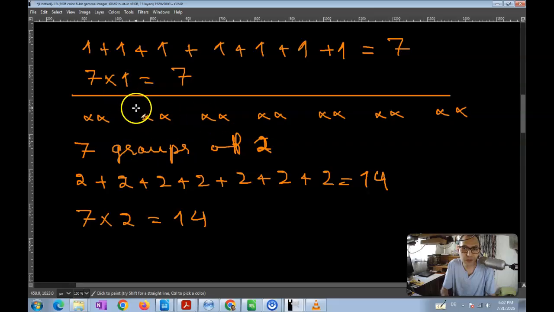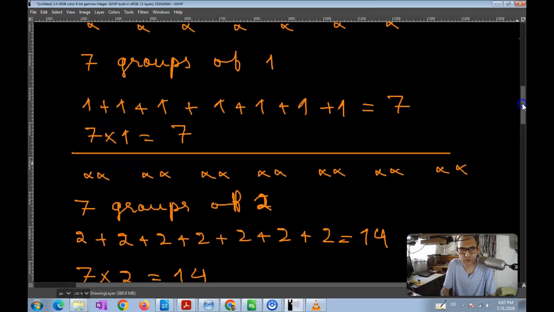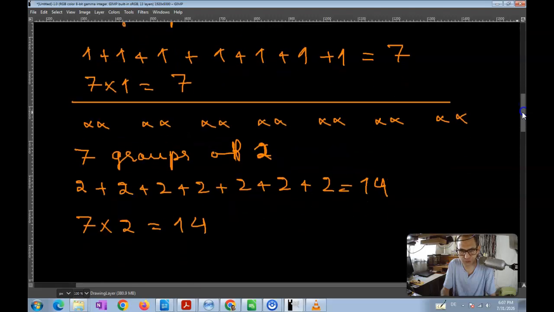So again, the meaning of these expressions like 7 times 1, 7 times 2 is simply 7 groups of 1, 7 groups of 2, and so on and so forth, right?